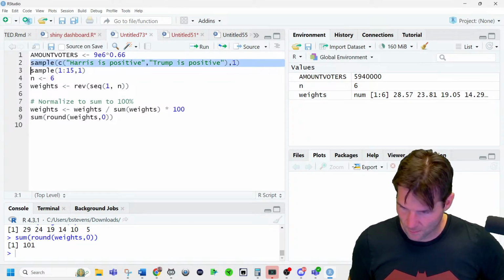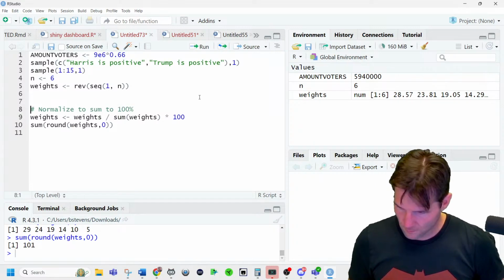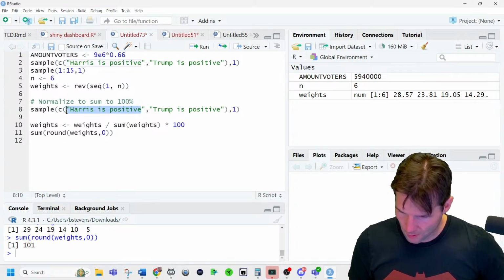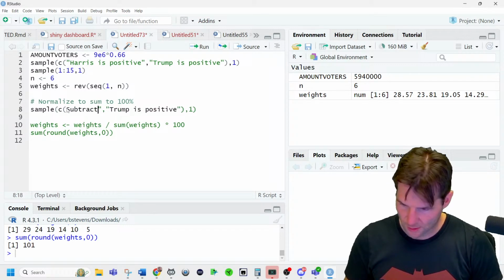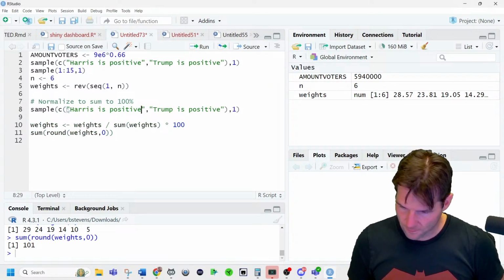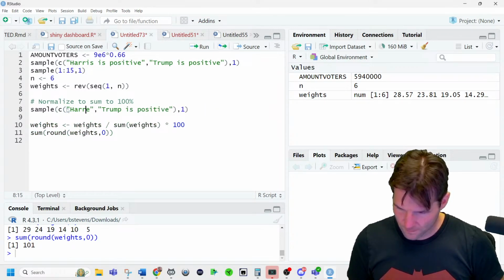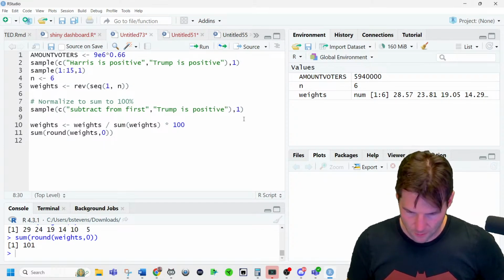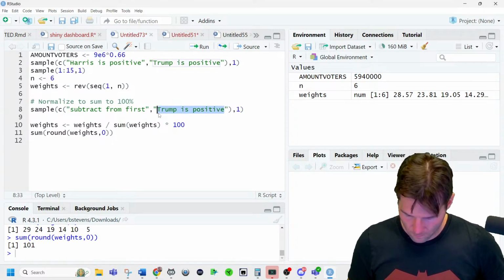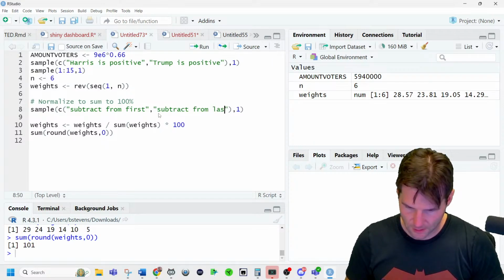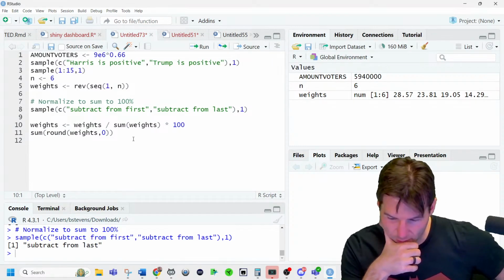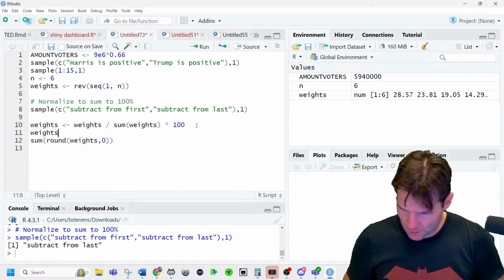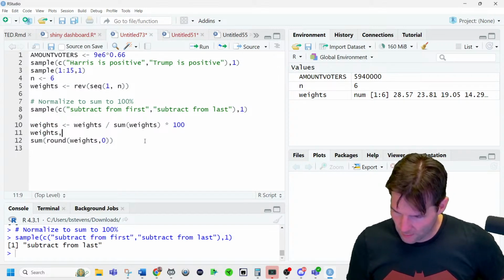Let's go right here and say to it, subtract from first, subtract from last. Okay, so weights store into. Did we overwrite? We didn't overwrite.